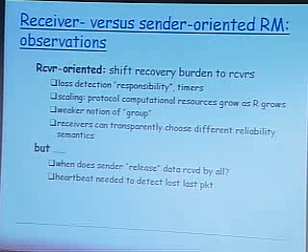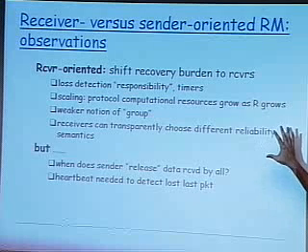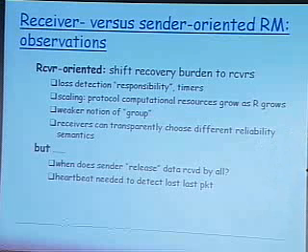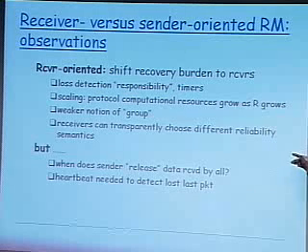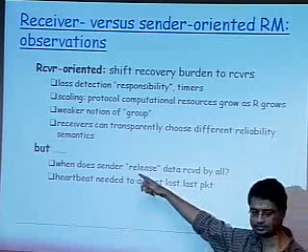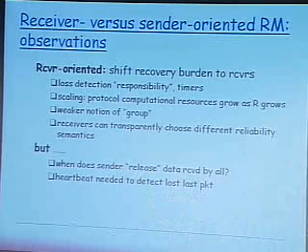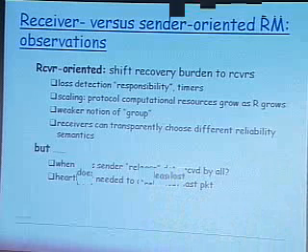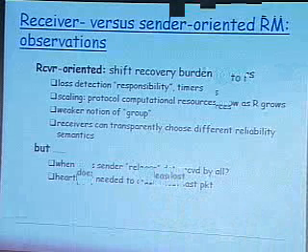So there's one small issue with receiver oriented reliable multicast. I mean, it scales. Receivers can decide their own reliability semantics, but the sender has to release this data which is received by all.